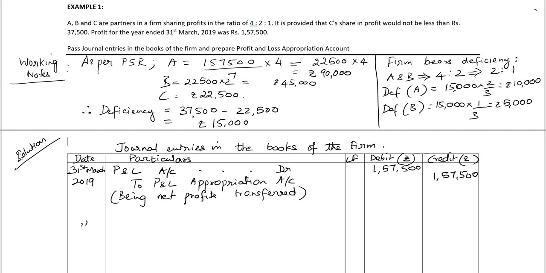The next journal entry, again on 31st March 2019, we need to divide the profits of 1,57,500 in the profit sharing ratio of the partners.